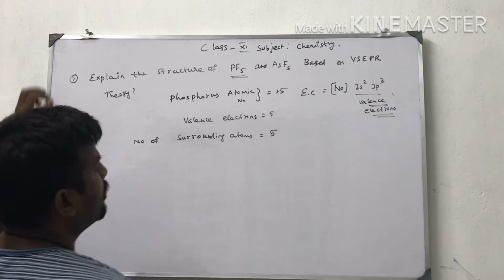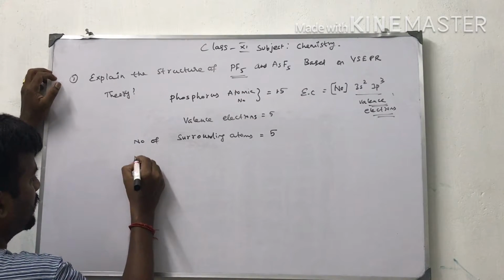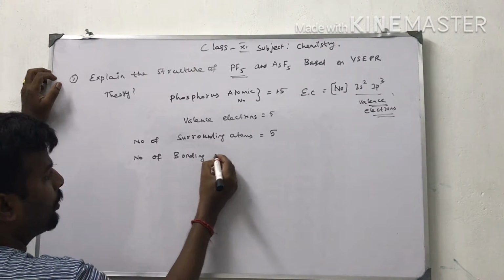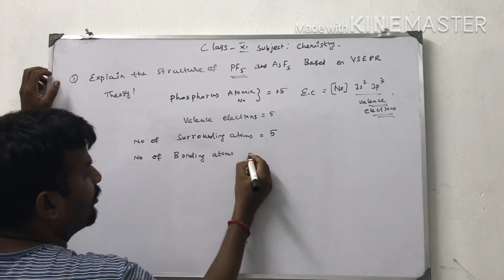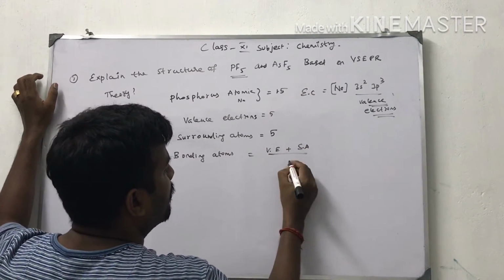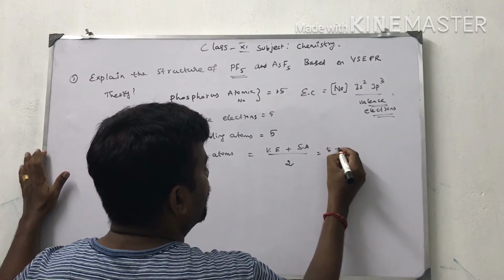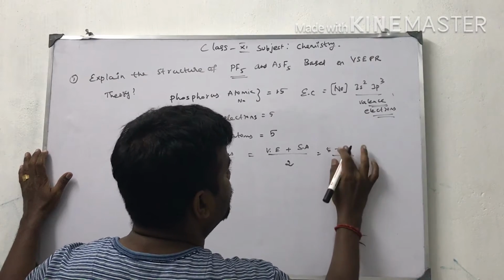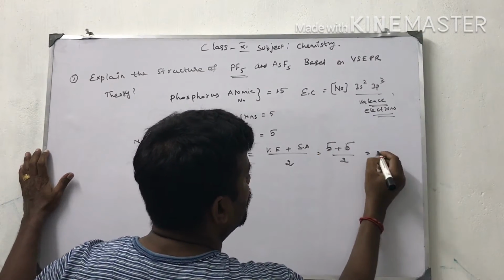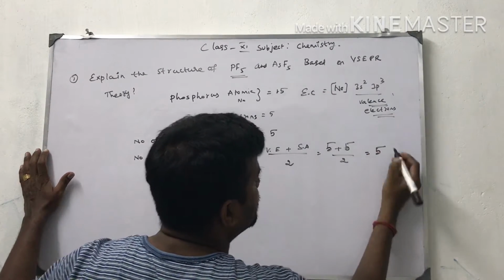PF5, 5 fluorines, so 5 surrounding atoms. Next, the number of bonding pairs. How to find it? Valence electrons plus surrounding atoms divided by 2. 5 plus 5 divided by 2 equals 5 is the answer.